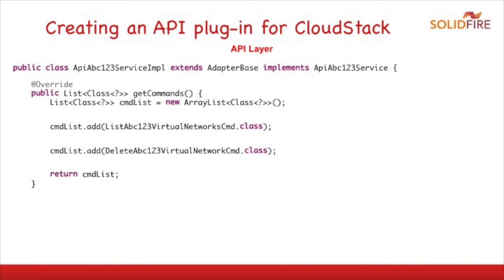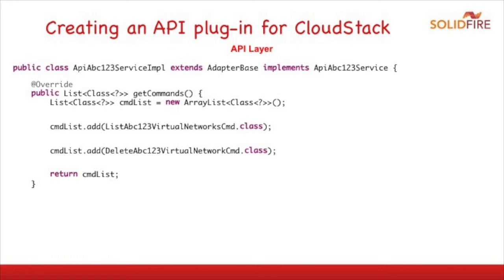All you have to do is make, in this case, I made an array list of type class of unknown, and I just added all of my command types to it. So in this case, you just see CMD list. That's my pointer to my array list. I just called add a couple times.